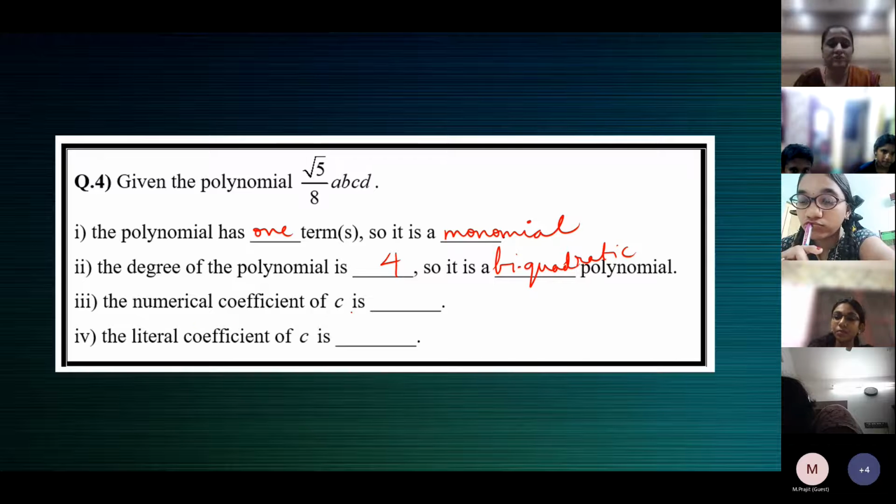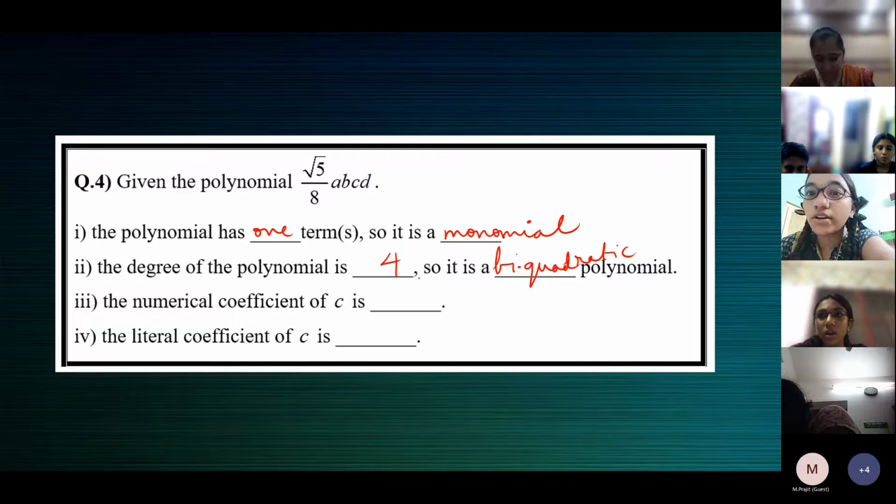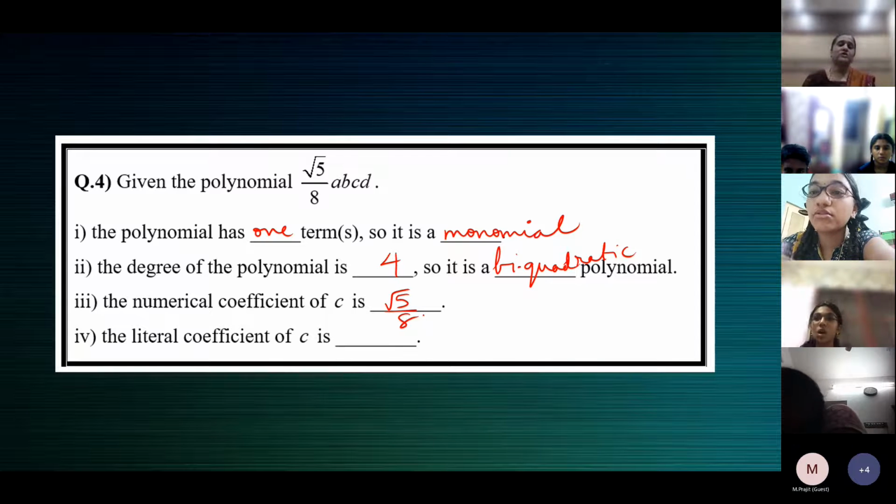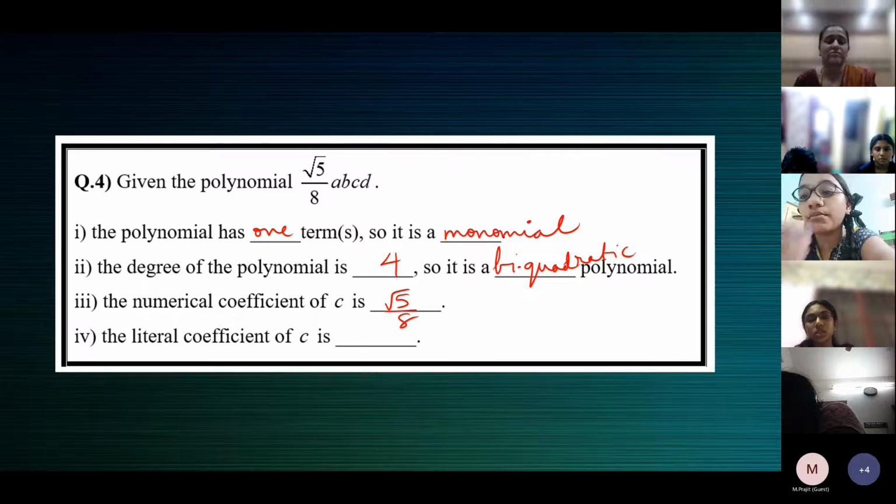The numerical coefficient of C is root 5 by 8.